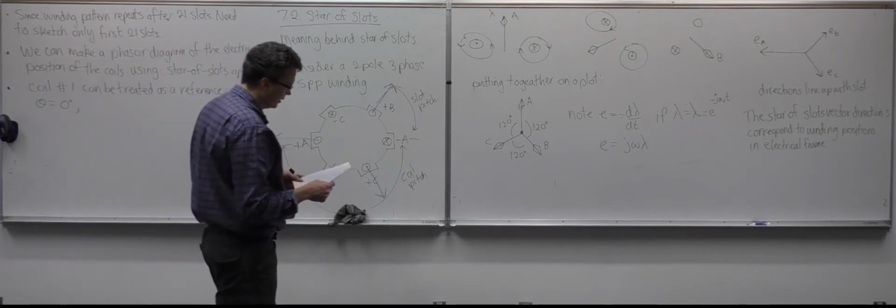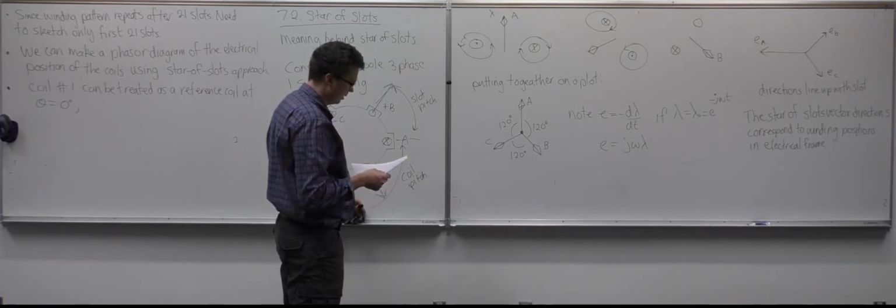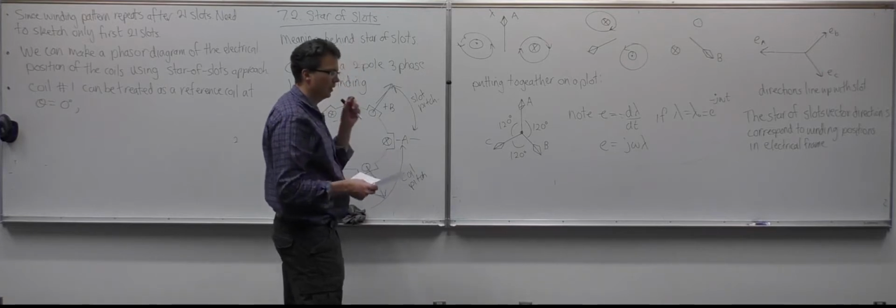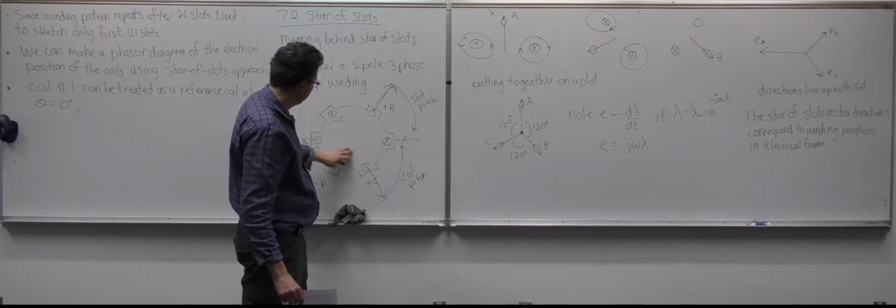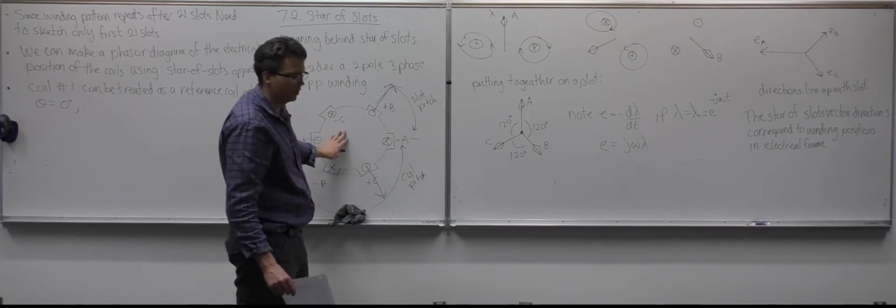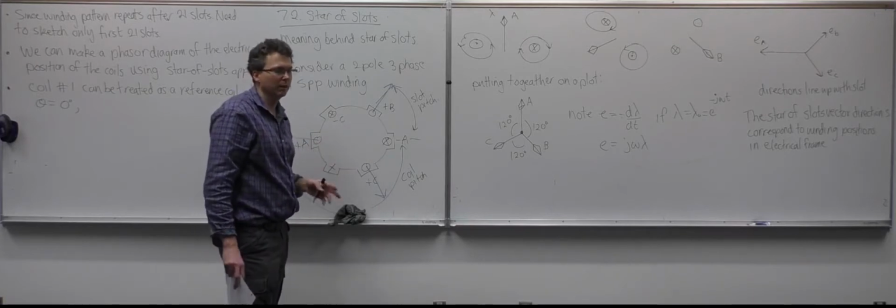Now what do we have in our design? Remember, we don't have 60 degrees electrical. We have 42 and 6/7 degrees electrical between the slots. Remember, this is a two-pole machine, which is unique in that the electrical and the mechanical angles are the same.